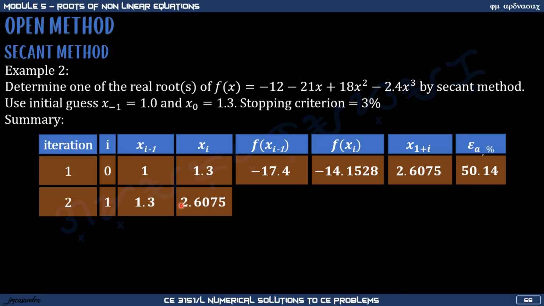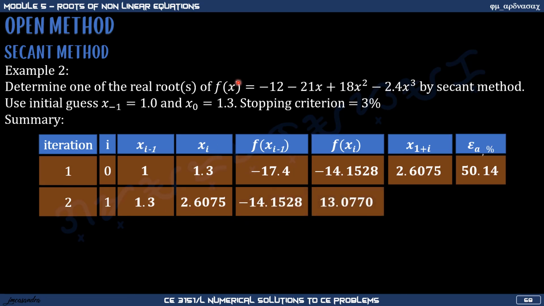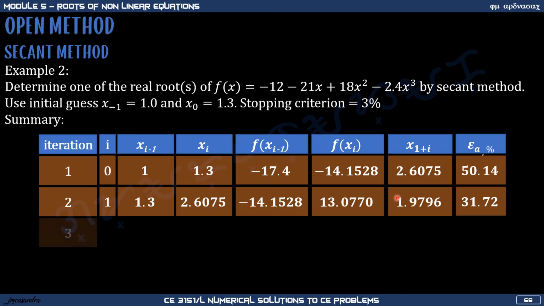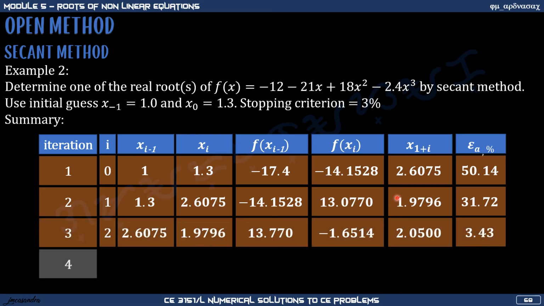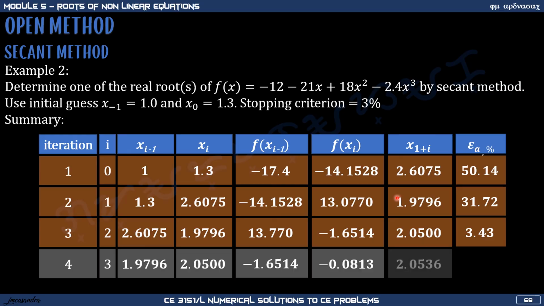Just substitute the values of x i minus 1 and x i in the equation. So we have your functions. And then compute now for x i plus 1 using our second formula. And then compute for your approximate error. Same procedure for the third and the fourth iterations.